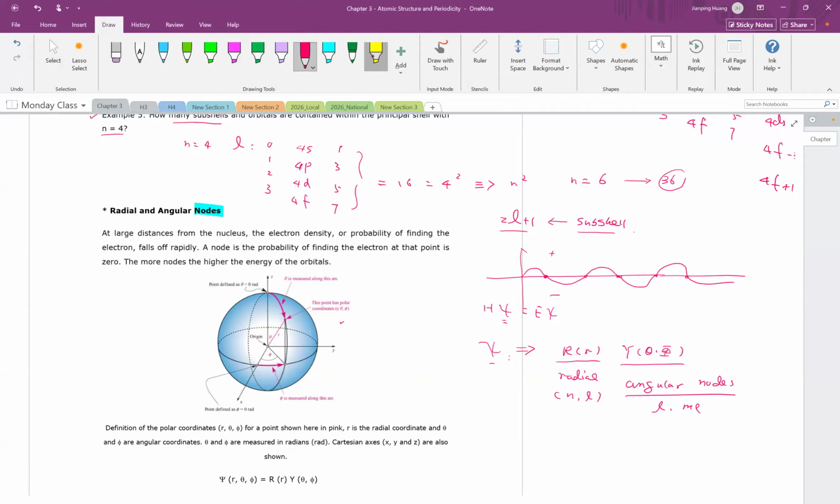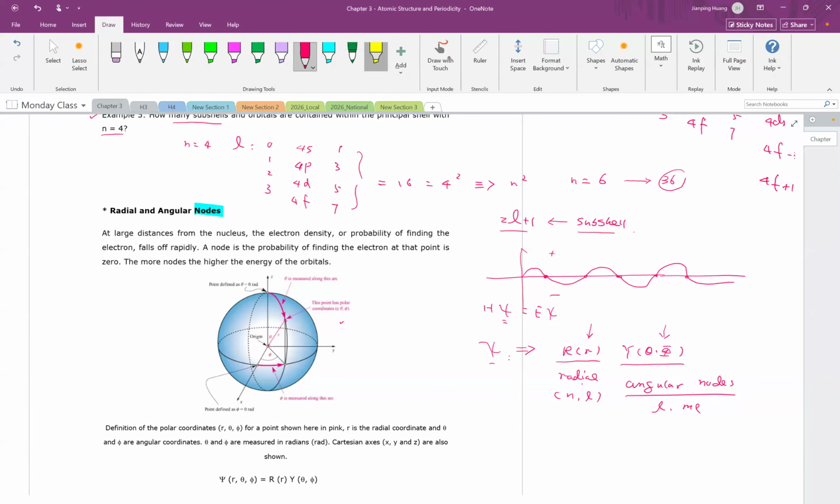One is related to the size, and another is related to the angle. Look at here, look at the size, from here to here. And its angle, you have two different angles, theta and phi. Related to size, the nodes are called radial nodes.